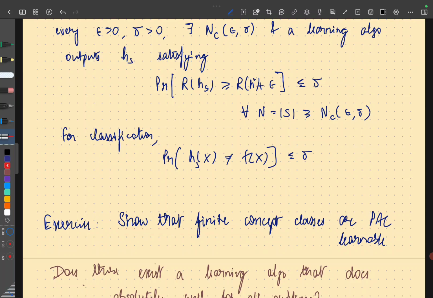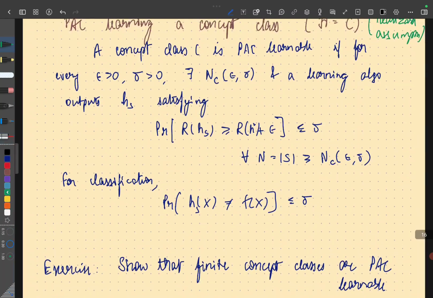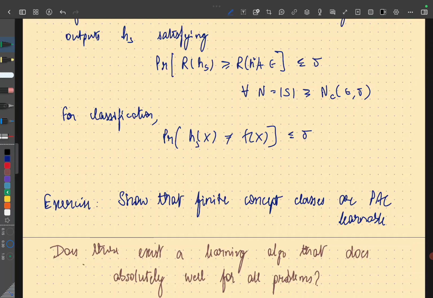You don't really even require a concentration inequality, but you can in fact show that every finite concept class is PAC learnable, again under the realizability assumption. Say binary classification and realizable.